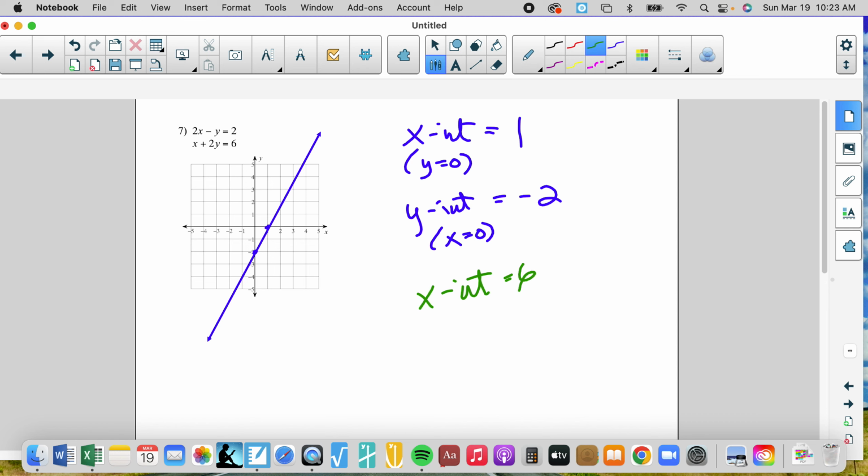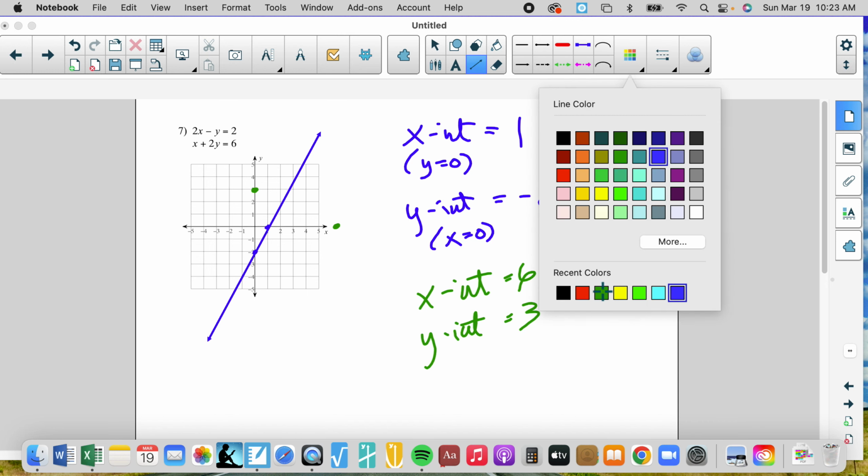My y-intercept equals 3. X-intercept 6, x-axis 6 over here. Y-intercept 3, y-axis there. That looks pretty good.